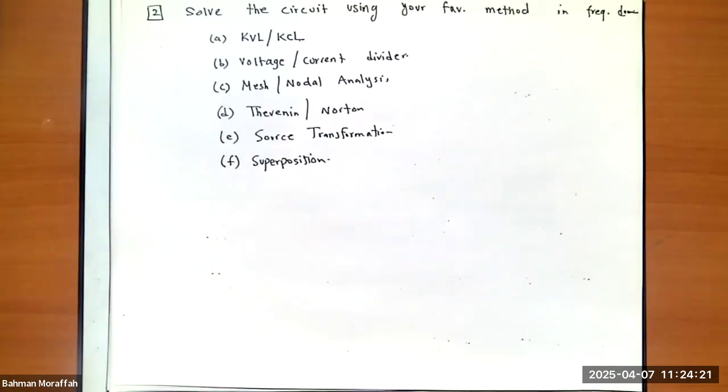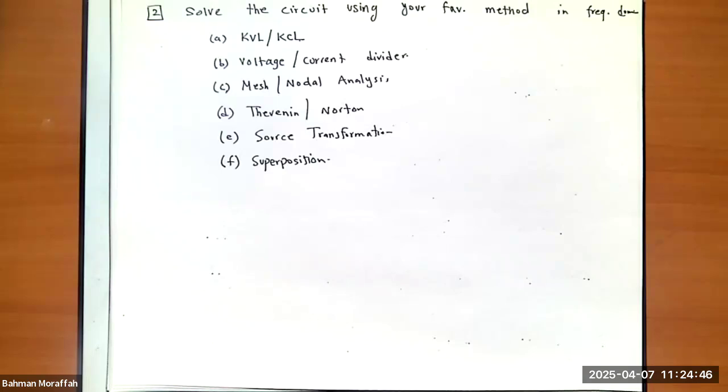And this superposition is particularly useful if the circuit has two different or multiple frequencies. If you remember, I told you that if you have a circuit that has two sine waves, one operating at one frequency, the other operating at another frequency, I cannot convert the circuit to the frequency domain, because to go from time domain to the frequency domain, I need to have one frequency, right?